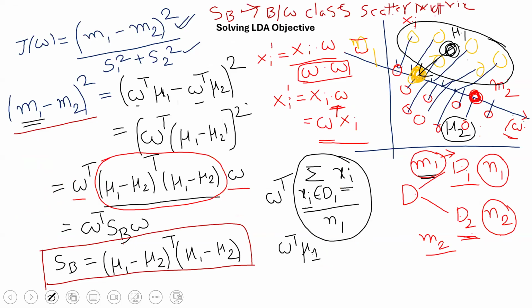So w is a unit vector, right? In a 2D plane, any vector in a 2D plane will be represented this way, right? This is a point, this is a vector. If I represent 2 comma 1, this is the representation of that vector 2 comma 1.